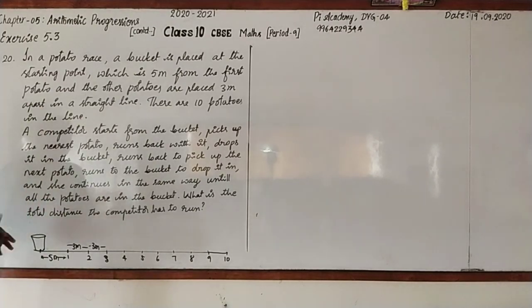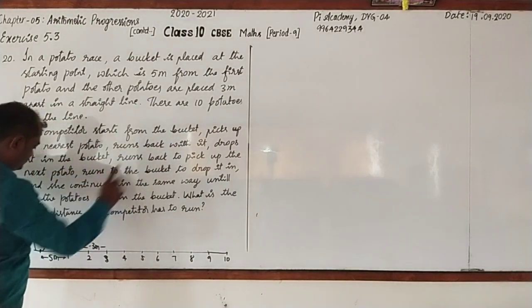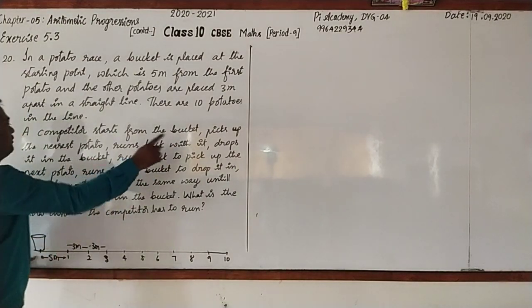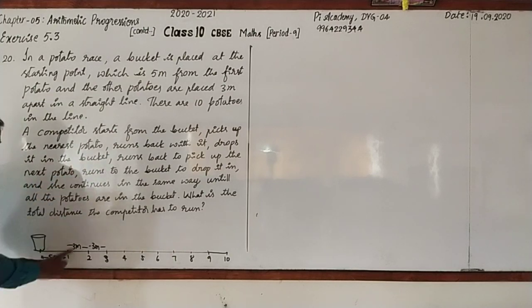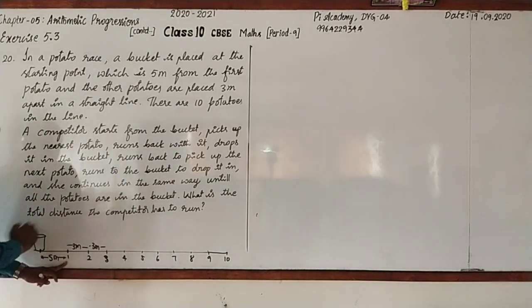Here also the same. A competitor starts from the bucket, picks up the nearest potato, that is the first potato, runs back with it and drops it in the bucket. Could you tell what is the distance traveled by the competitor to put the first potato in the bucket? First 5 meter, he comes back 5 meter, total 10 meter.